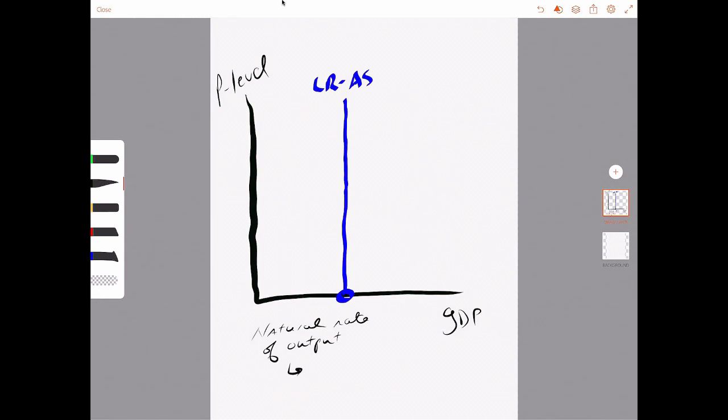At the natural rate of output, we have the full employment level of GDP. And as I mentioned on the last slide, this is the natural rate of unemployment as well.